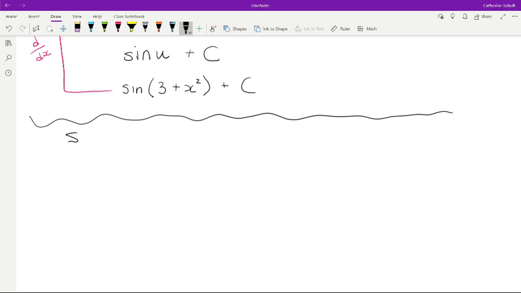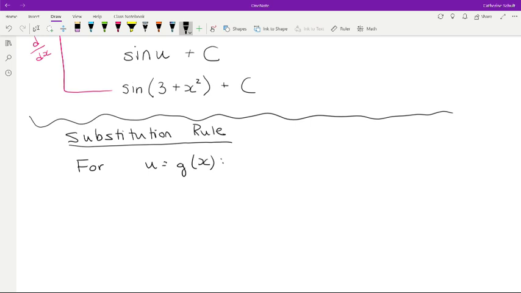So the substitution rule says this. For u equal to a function of x, okay, if we have a composition of functions like this, all right, we can make the substitution with u.